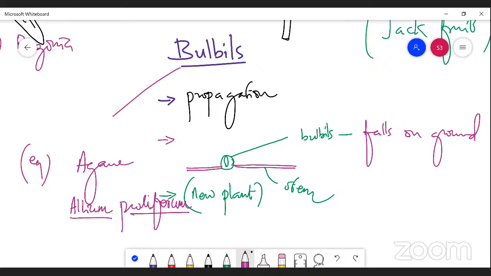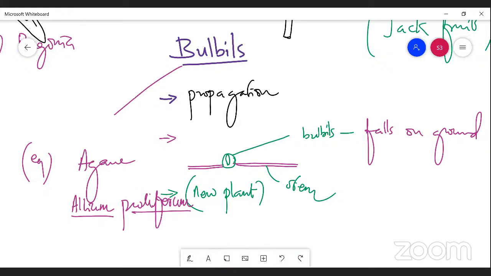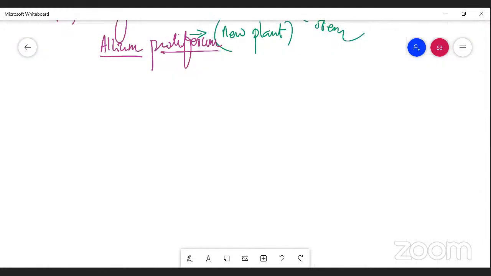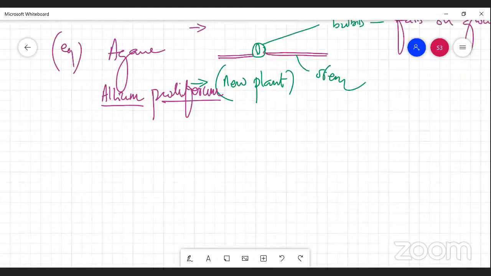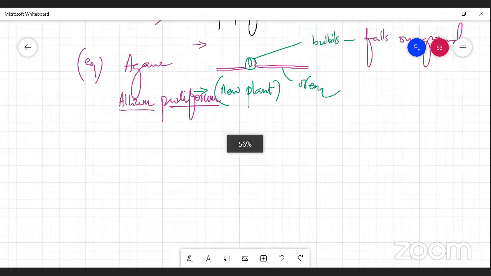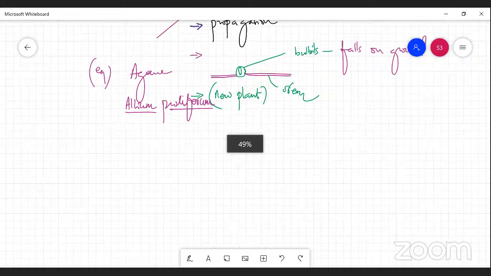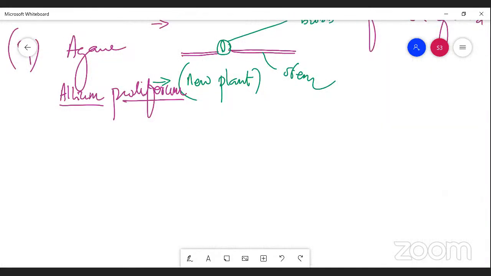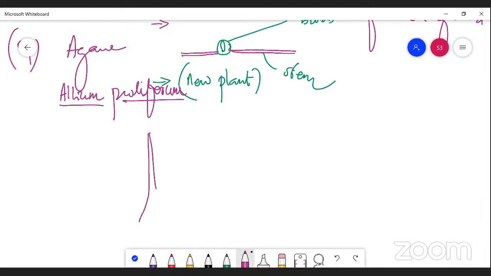In Allium proliferum, you can see the stem directly, and I'm talking about bulbils.